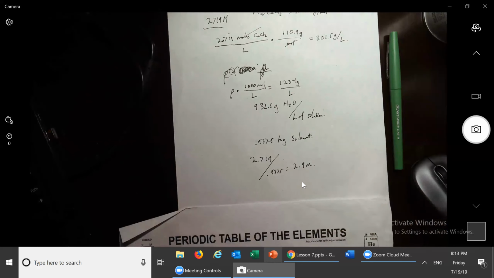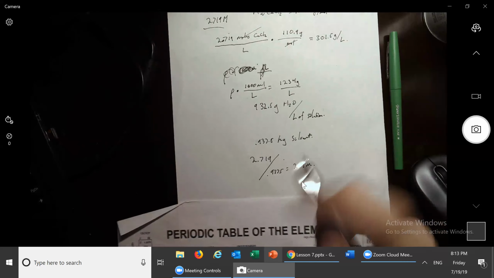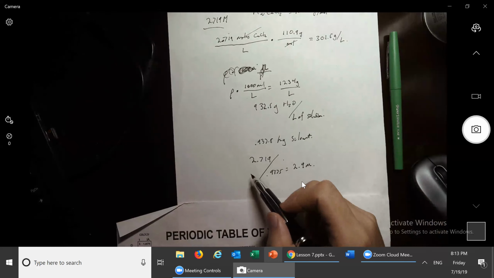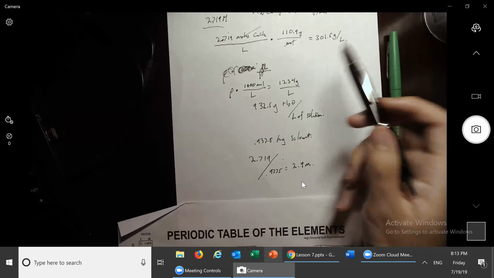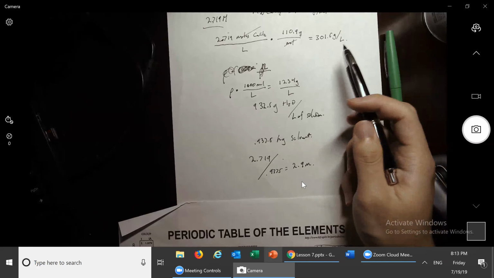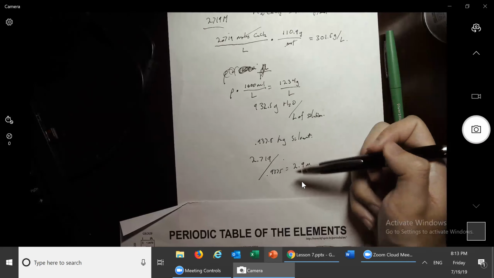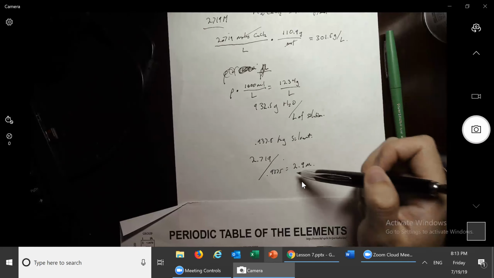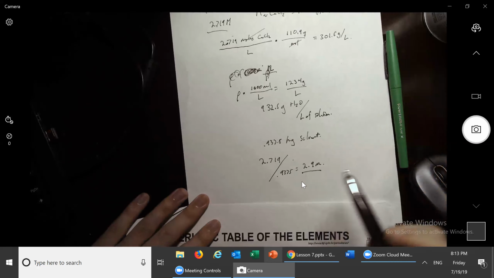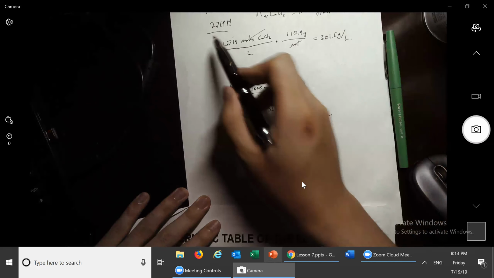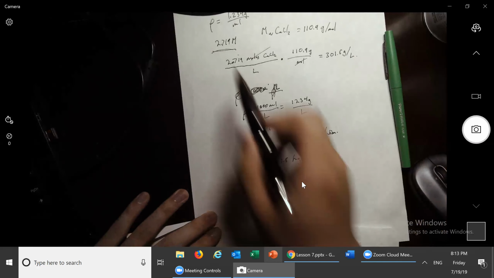So we have a molality of 2.9. You can see we have a very concentrated solution of calcium chloride, 300 grams per liter. That's a lot, right? With very concentrated solutions, we can often get significant deviations between our two numbers, 2.9 versus 2.7.